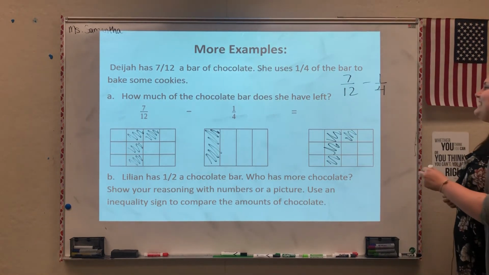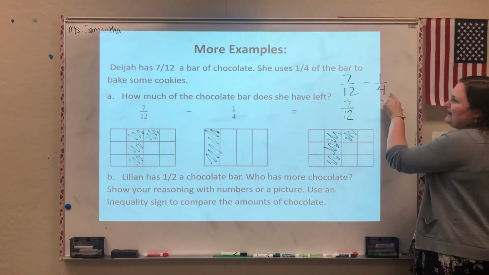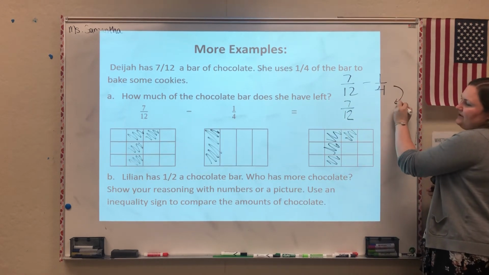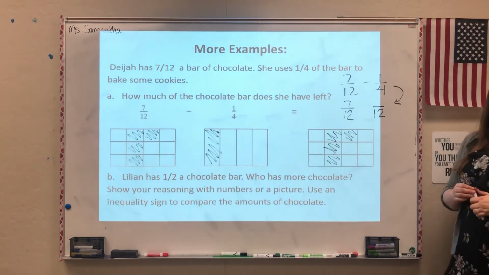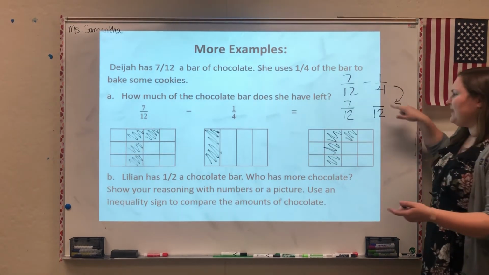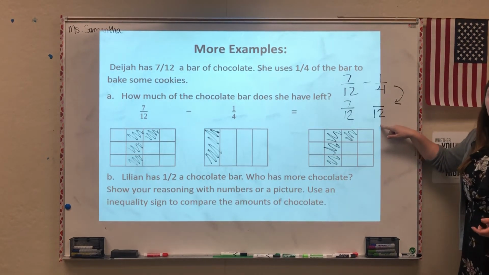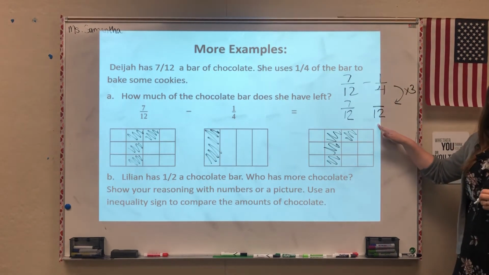So this one can stay the same, but I want to change this fraction so that it has the same denominator. The way we do that, ask yourself, 4 multiplied by what number gives you 12? Well, 4 times 3 gives you 12.